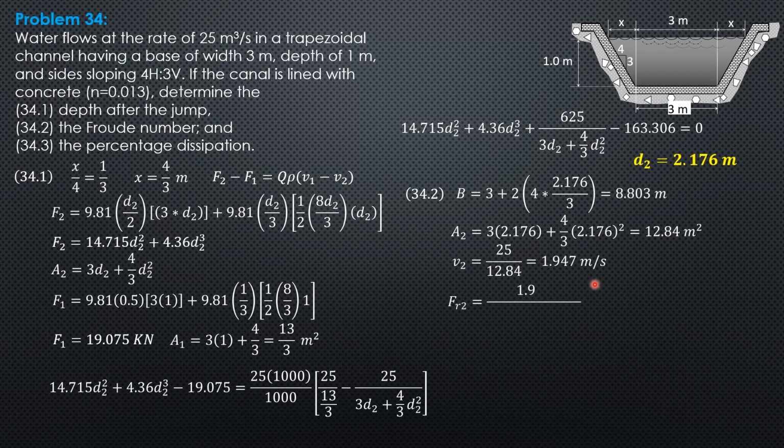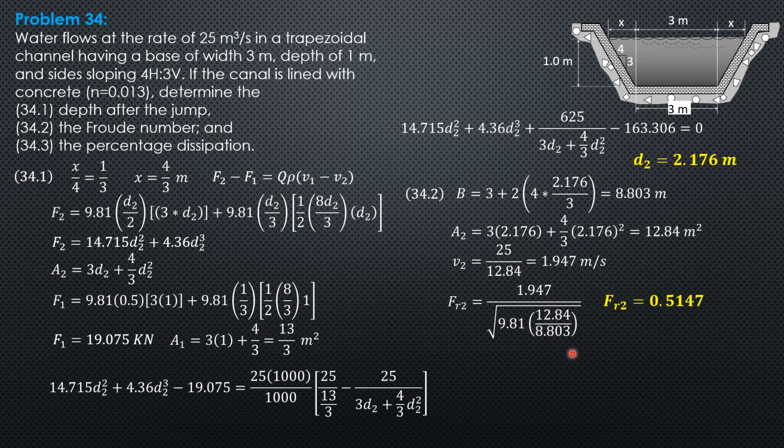So FR2 is velocity 2, 1.947 over square root of 9.81 times area 2, 12.84, over top width 8.803. So remember, Froude number for a non-rectangular section is velocity over square root of g times hydraulic depth, where hydraulic depth is area over top width.